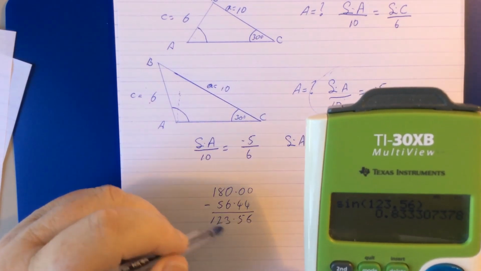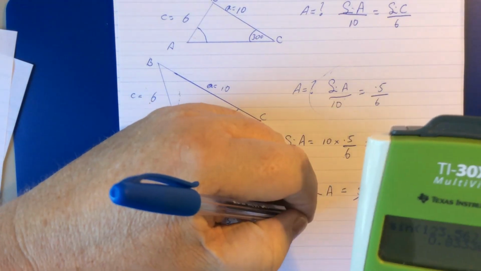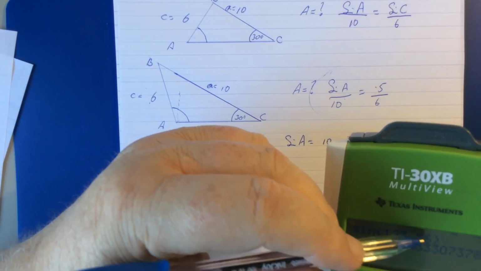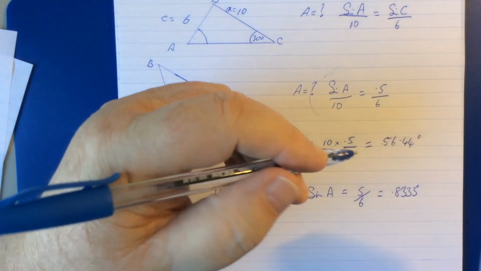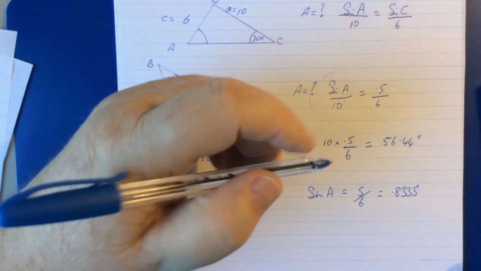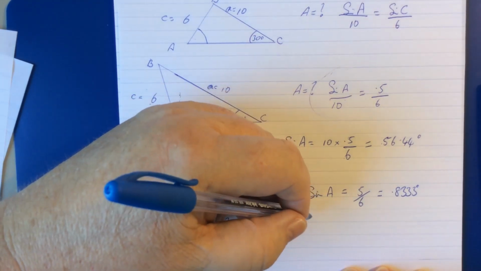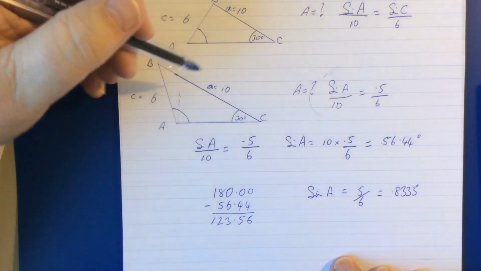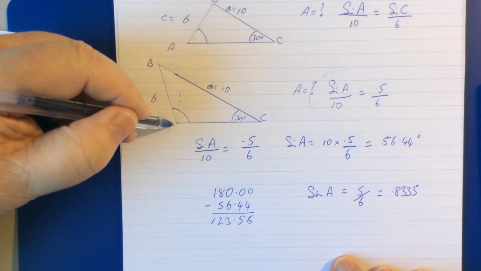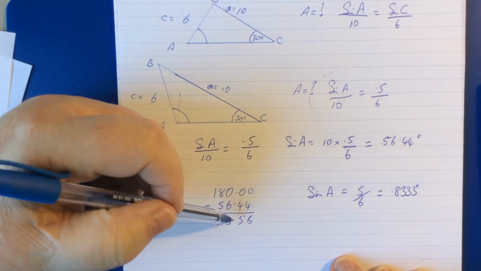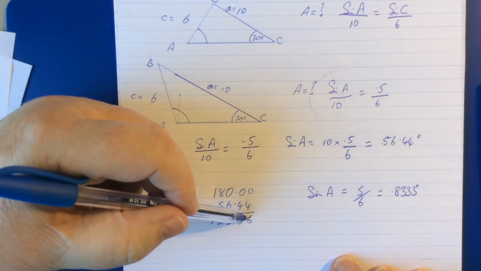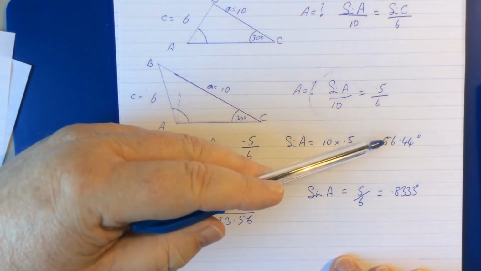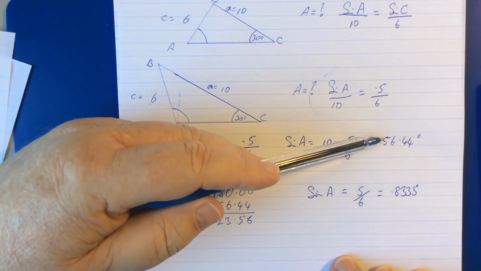The reason that it's not exactly the same is that there's some rounding in here, and therefore we get that little difference. Okay, so what we discover is that the sine of 123.56 degrees is exactly the same as the sine of 56.44 degrees.